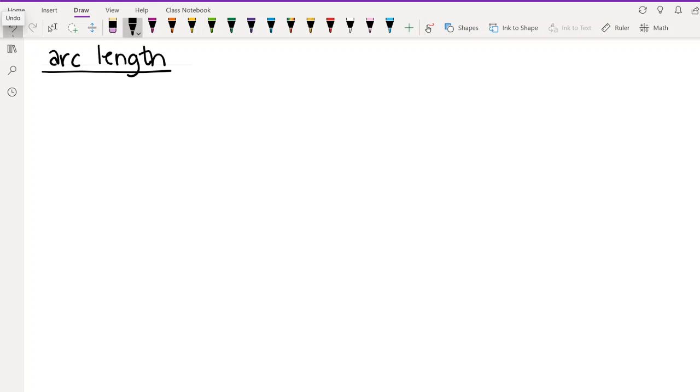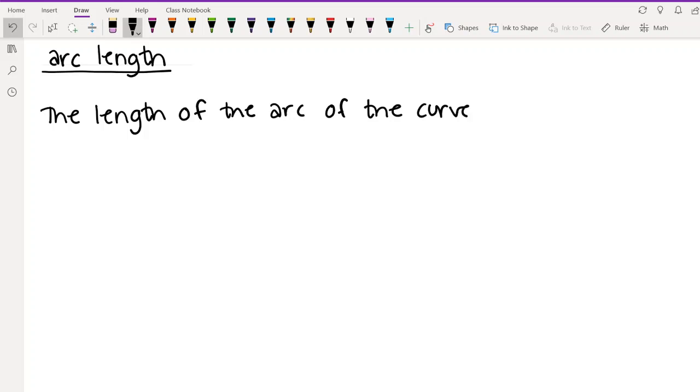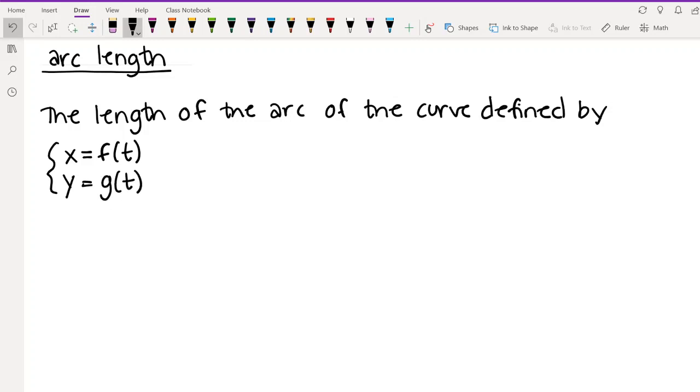where it comes from. So basically, if you're looking for the length of the arc of the curve defined by parametric equations, x is equal to some function of t and y is equal to some other function of t, from t is equal to alpha to t is equal to beta.